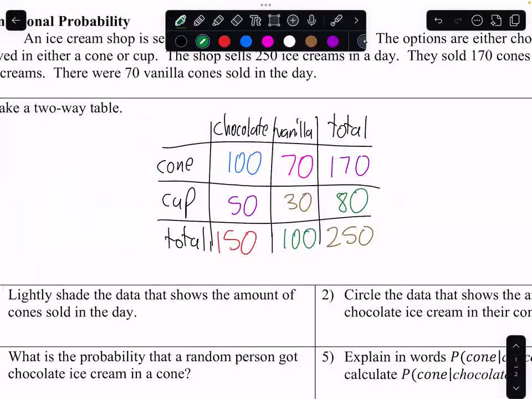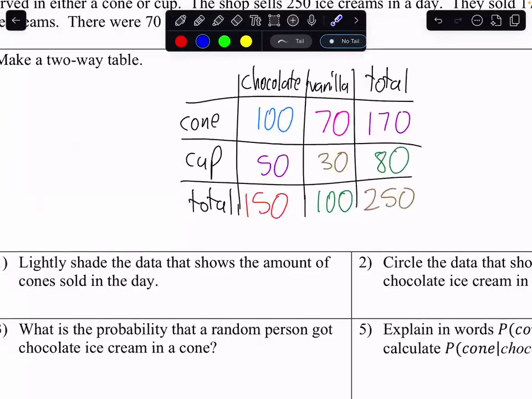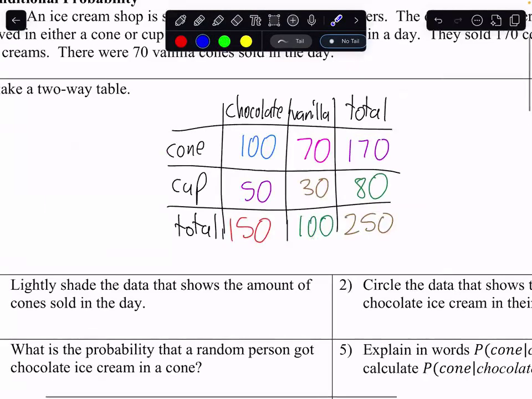Okay. So with that in mind, we're going to do a couple different things with it today. Okay, so lightly shade the data that shows the amount of cones sold in the day. Okay, so this entire row is about cones.